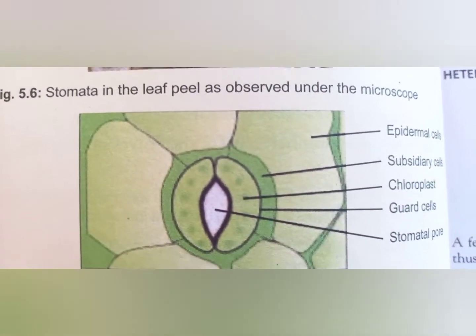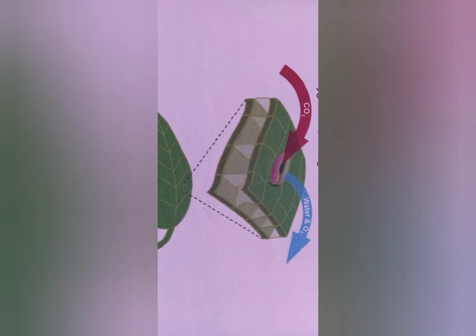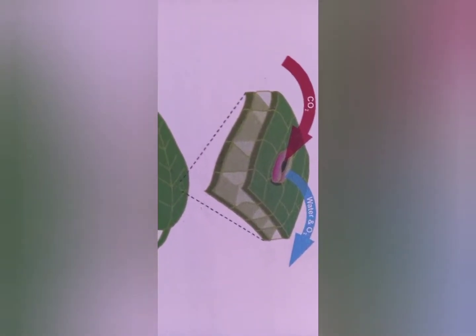Now let's see the structure of stomata once. You can see this is the function of the stomata. Carbon dioxide enters into the leaf from these tiny openings. Singularly this stomata is termed as stoma, and it is present in the lower surface of the leaf.